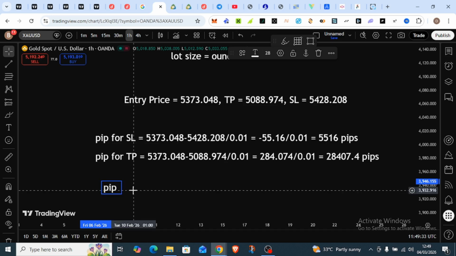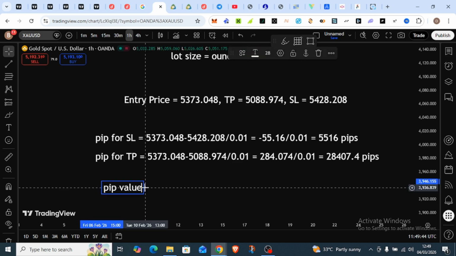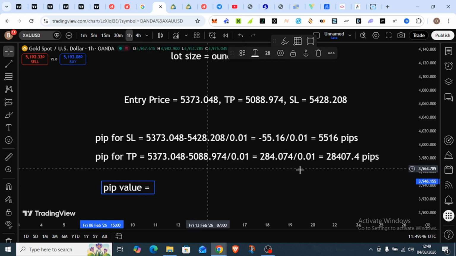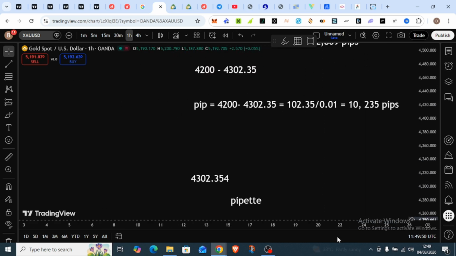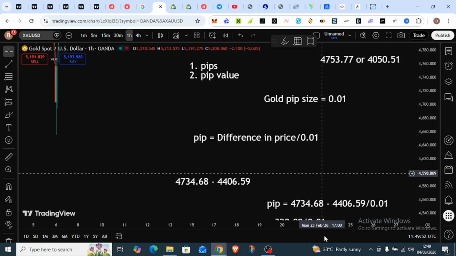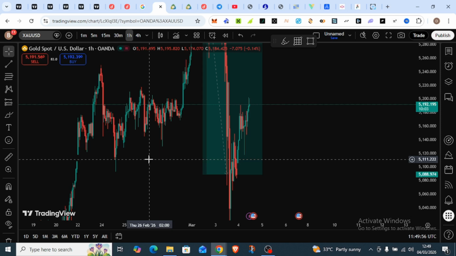So pip value is equal to, in this our setup, we have to define our risk so that we can get our lot size.